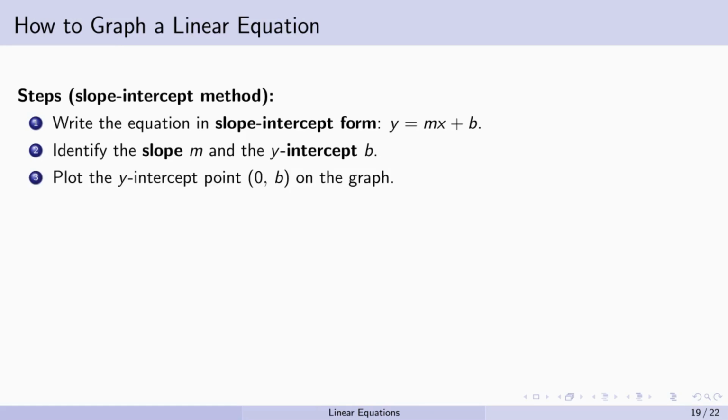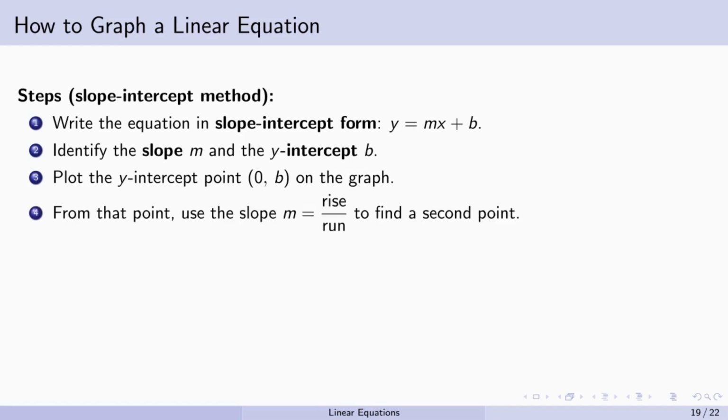Step 3, plot the y-intercept point 0, b on the graph. Fourth, from that point, use the slope, rise over run to walk to a second point. If the slope is 2, for example, that means rise is 2 and the run is 1.